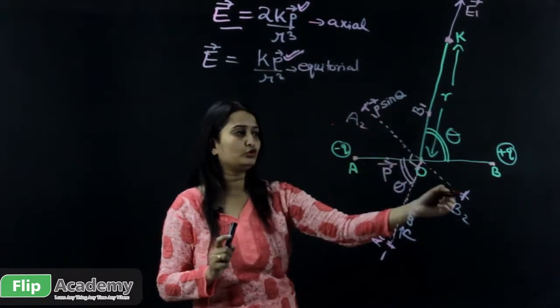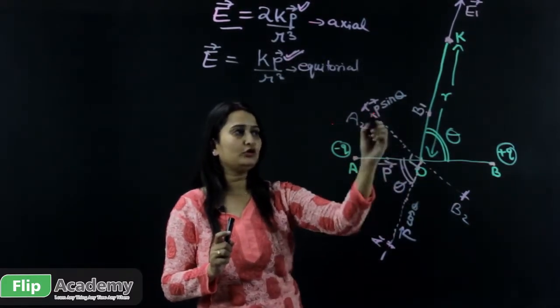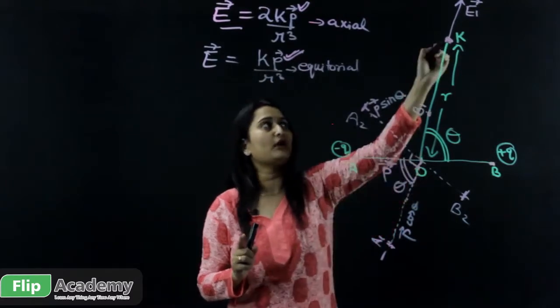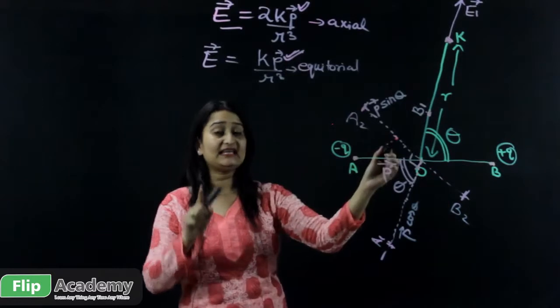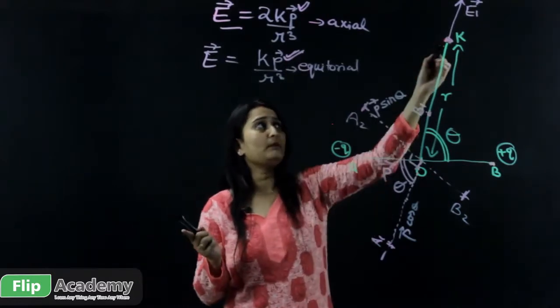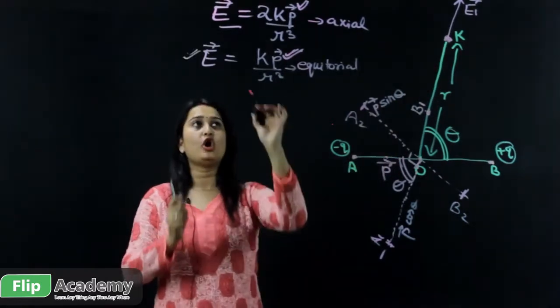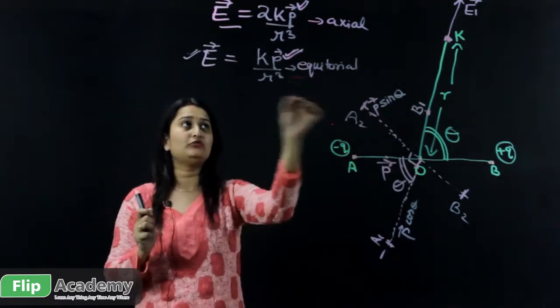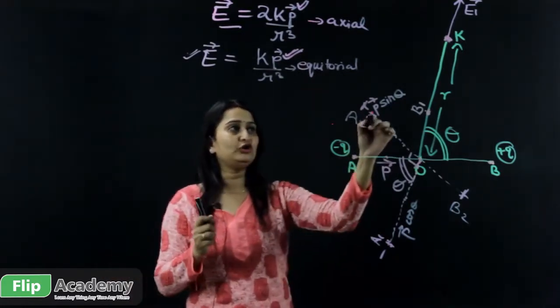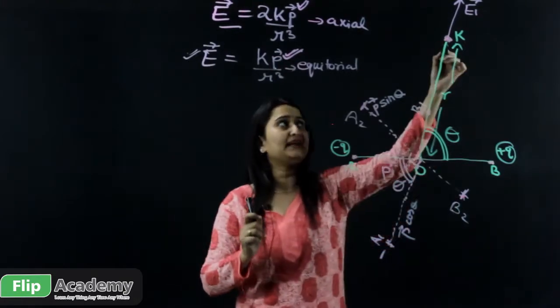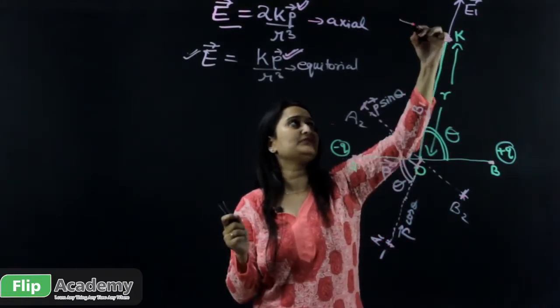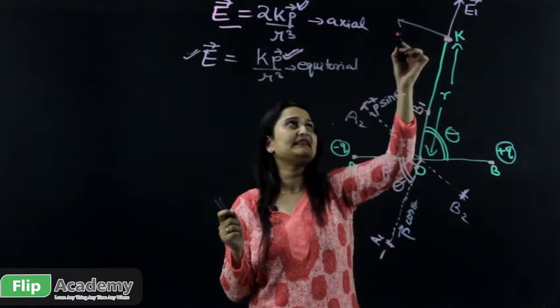Similarly, A2, B2 is a perpendicular line for point K, and this perpendicular line can be represented as the equatorial line for point K, and we already have worked upon the equatorial line. So A2 and B2 will provide the electric field at point K. Let us represent it by, let's say, E2.